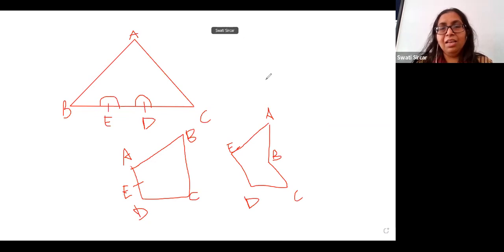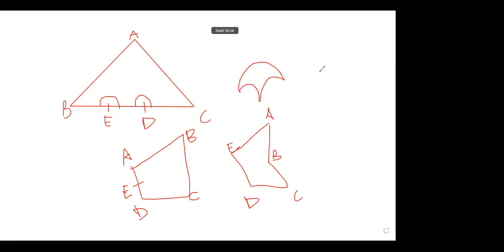Okay. It's the same reason why, for example, we don't allow curved lines as sides. Otherwise, right now my drawings do look a bit curvy, but let's say, will you call this a triangle? No, ma'am. Right?